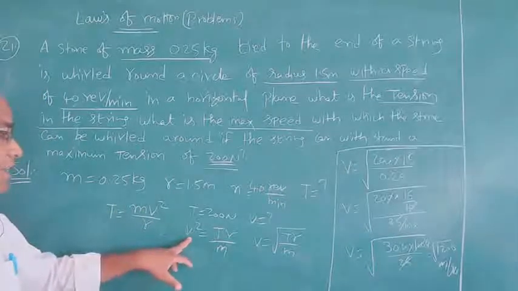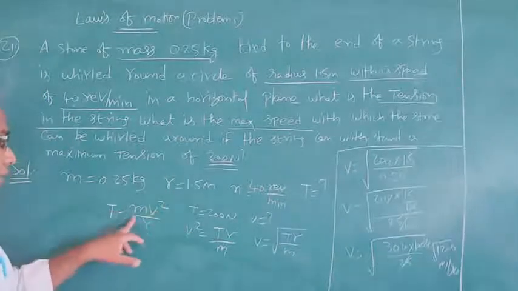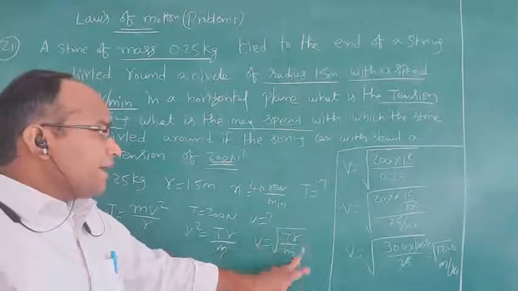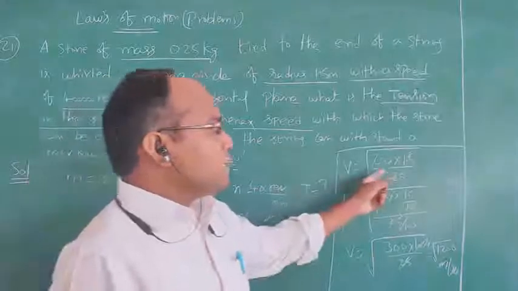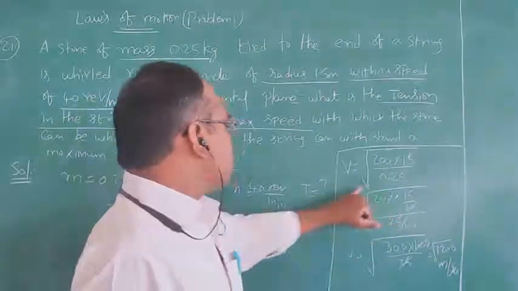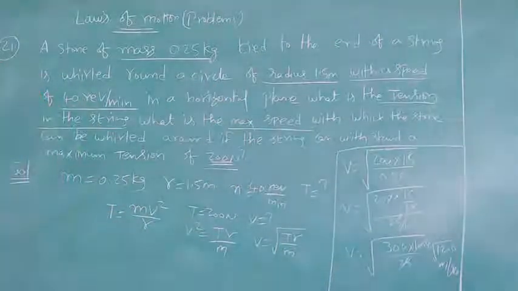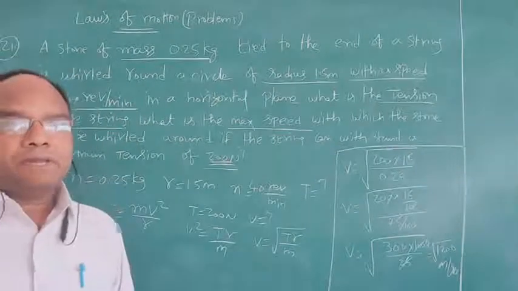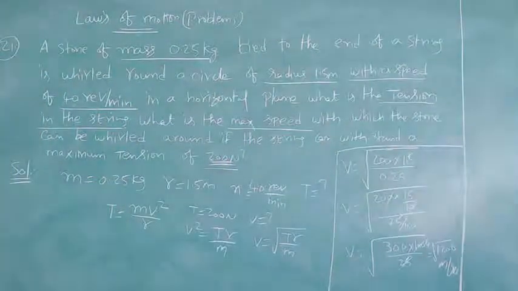V square is equal to T into r divided by m. So v is equal to root of T r by m. Tension they are given as 200, radius they are given, as well as mass 0.25. By calculating, you can get root of 200 meter per second. It is velocity.